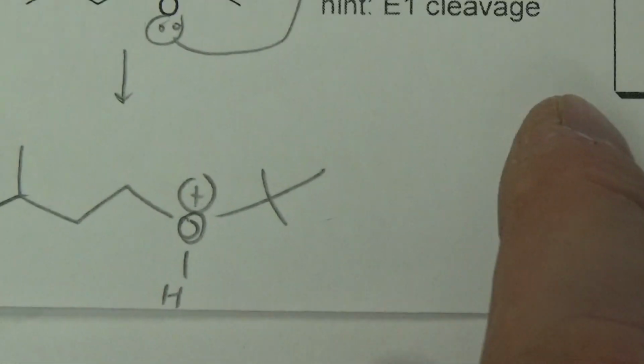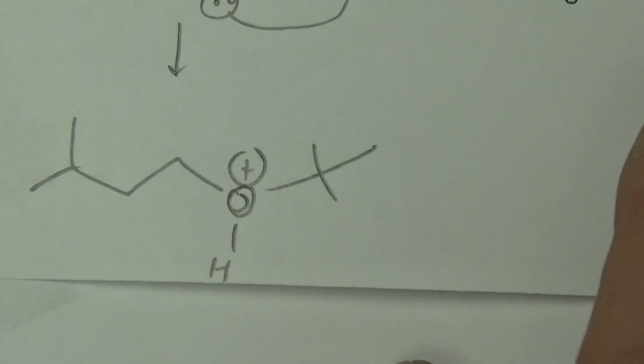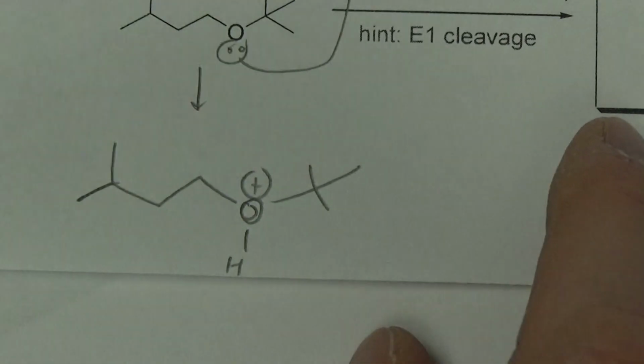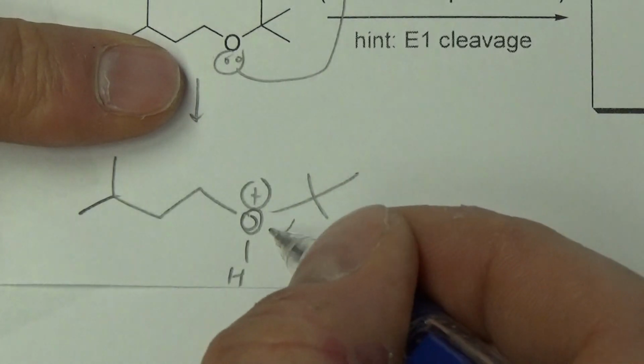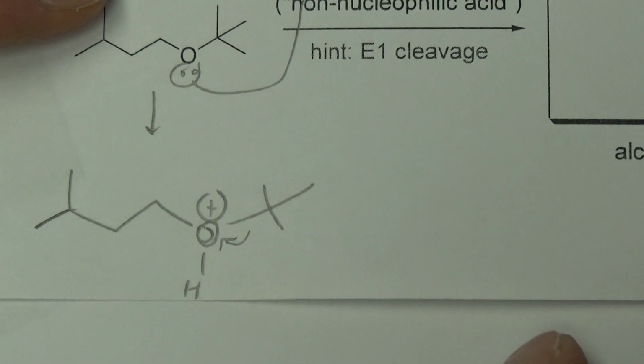Nice, protonated ether. And what's going to happen? It's the same exact thing with this non-nucleophilic acid. So we're just going to cleave the protonated ether, and that makes an alcohol.